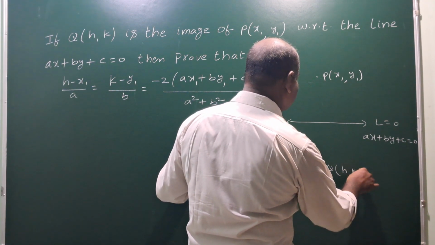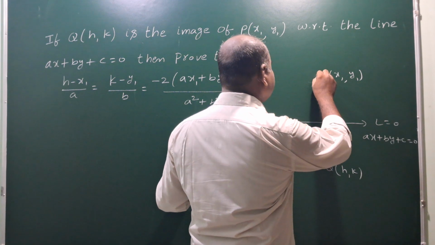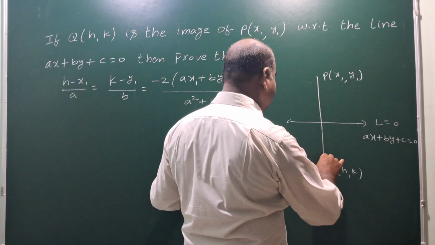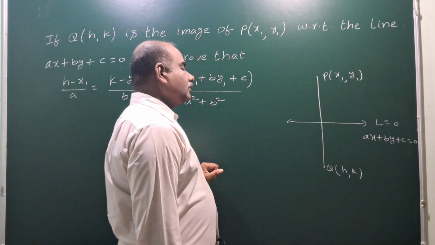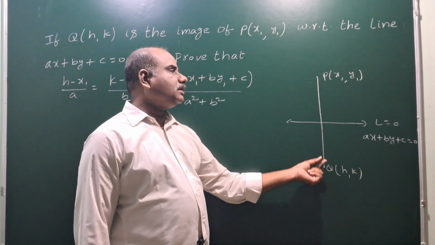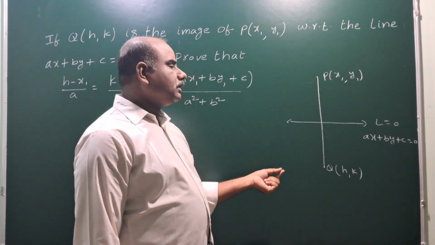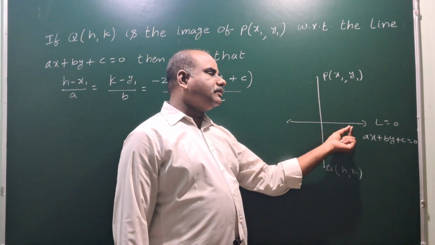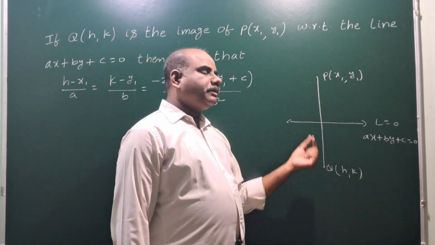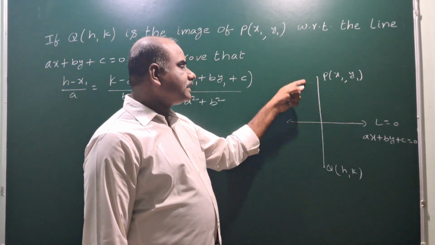Q(h, k). So Q(h, k) is the image of P(x1, y1), that is given in the statement. Okay, so if Q(h, k) is the image of P(x1, y1), then this straight line represents a perpendicular bisector of the line segment PQ.